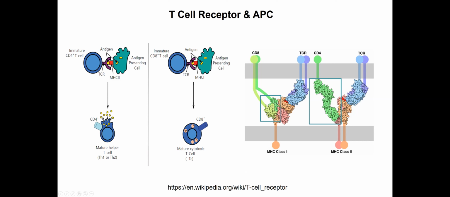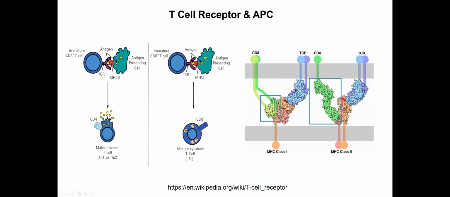Then they recognize two things. They recognize this antigen, and also they recognize, okay, you are one of us. You are my cells. This is a T killer cell, CD8. This is a T helper cell. They recognize this antigen, but at the same time, they recognize this is our cell, our helper. That's why I do not attack this.